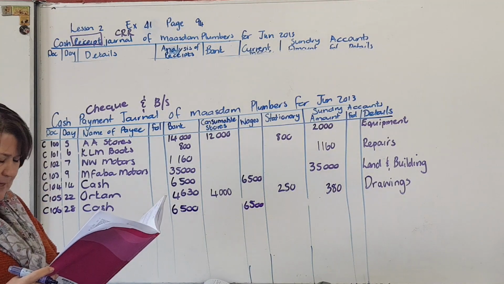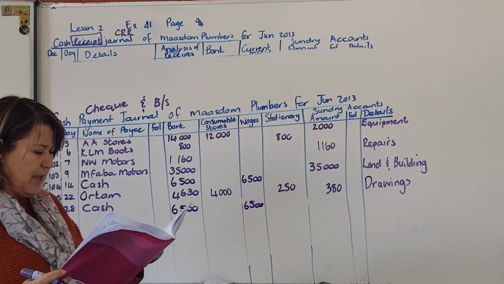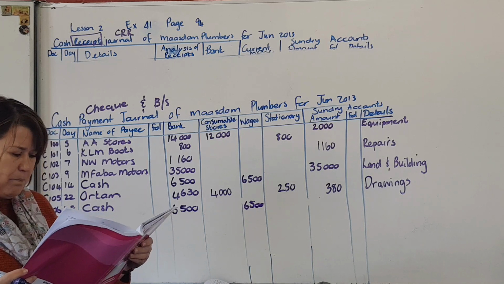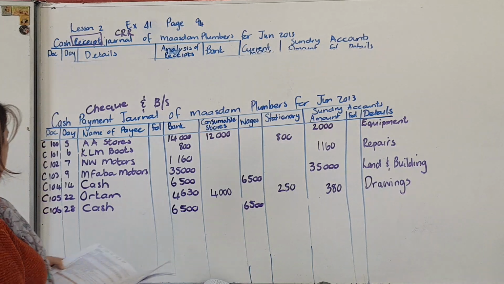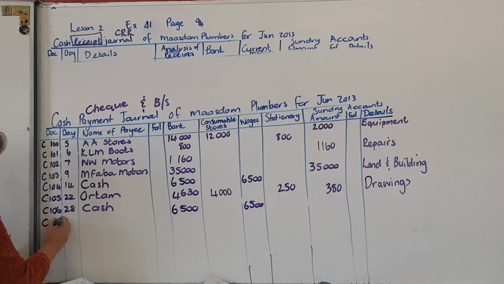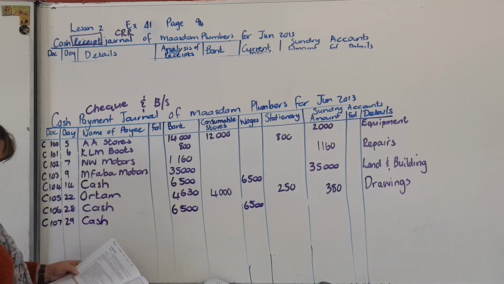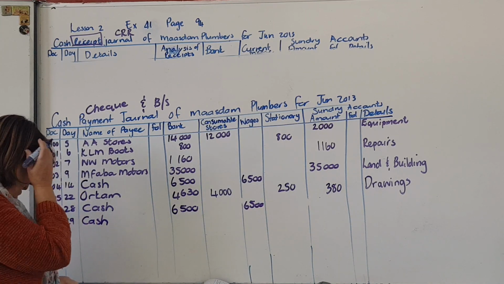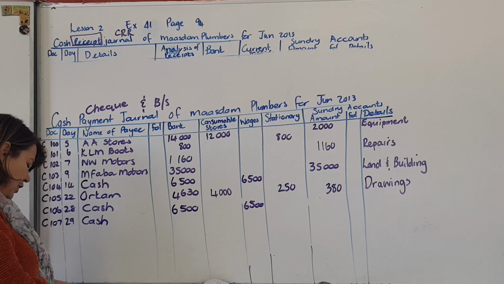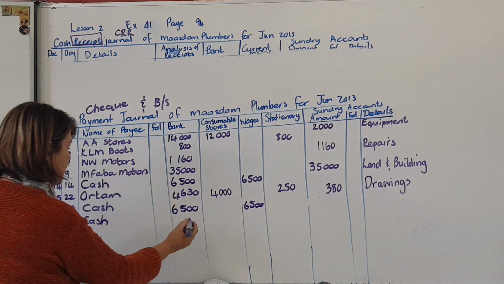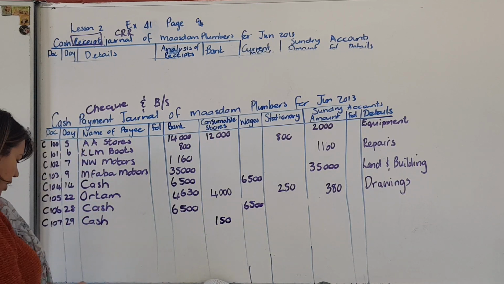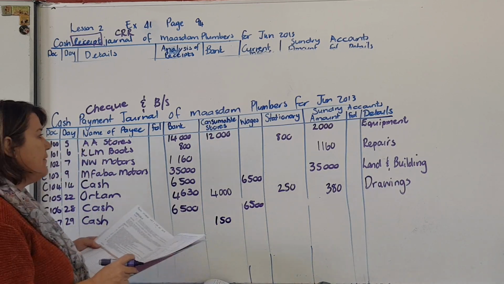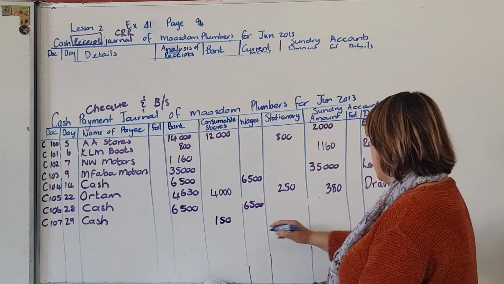And then my next transaction will be on the 29th, cash a check to pay the consumable stores and water and electricity. Can you hear? Cash a check. So you went to the bank again with a check, you cashed it, and you've received that amount. But they said, cash a check, and 150 was for consumables. Right? You do have a column. And then 2,700 Rand was for water and electricity.